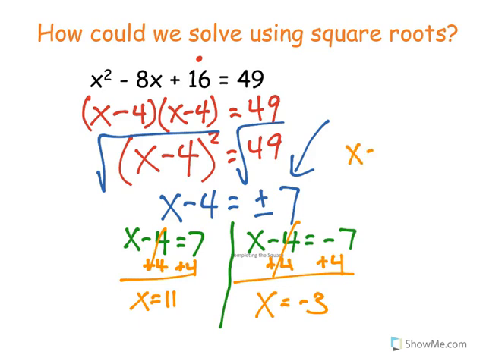So my solution set, if I want to write it as a solution set in braces, which we should, is negative 3 and positive 11. And if we want to quickly go back and check, if I sub in negative 3, I get 9 plus 24 is 33 plus 16 is 49. And if I sub in 11, I get 121 minus 88 is 33, plus 16 is 49. So that will check.